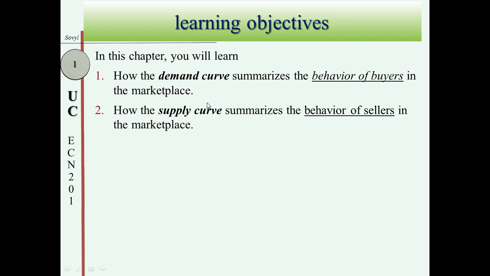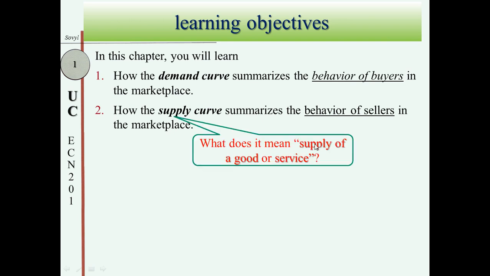But before you get the supply curve, you need to first understand supply of a good or service. What does it mean, supply of a good or supply of a service? When you understand the supply of goods and services, you can understand the supply curve. When you understand the supply curve, you can answer this question.